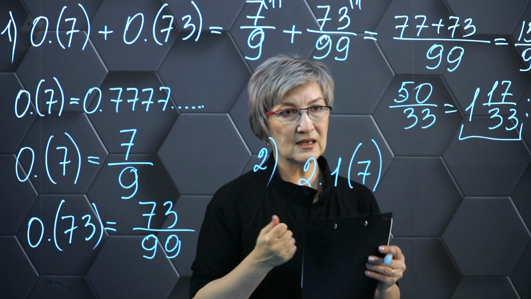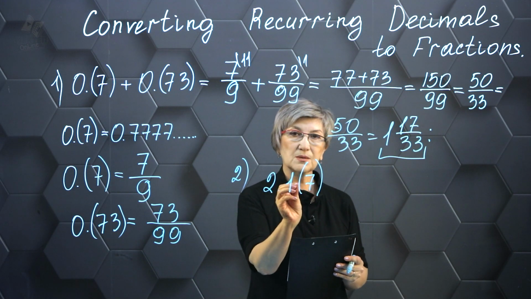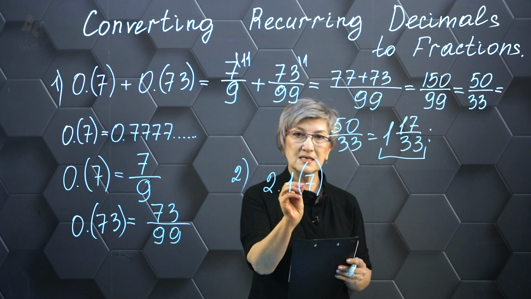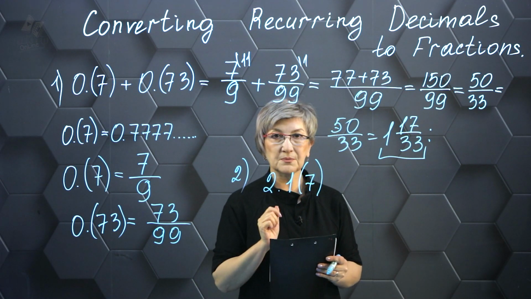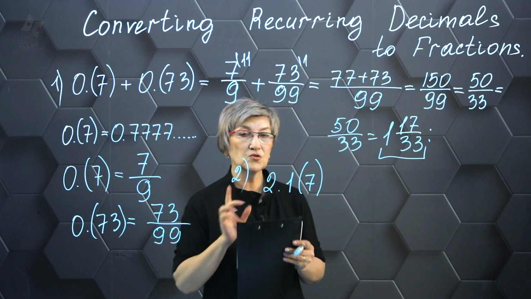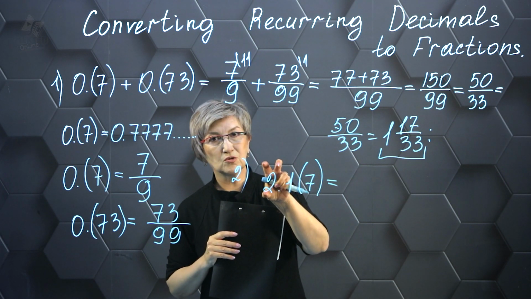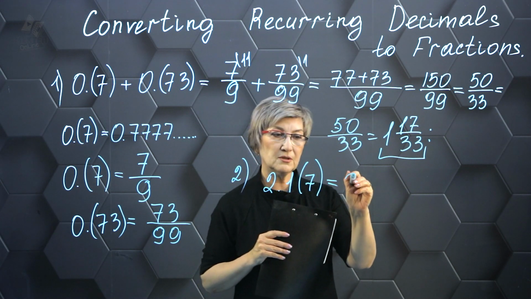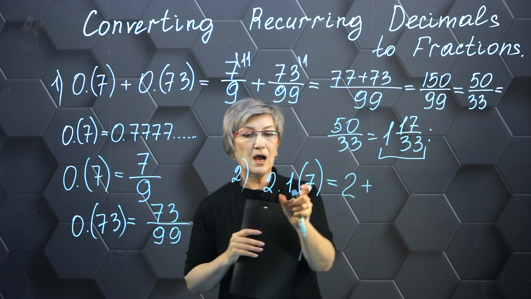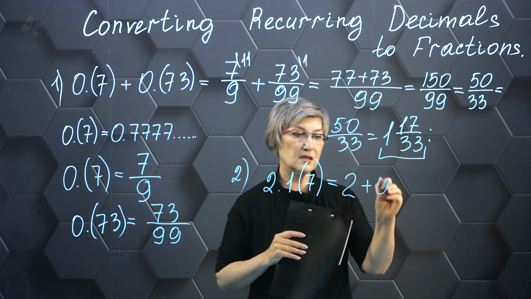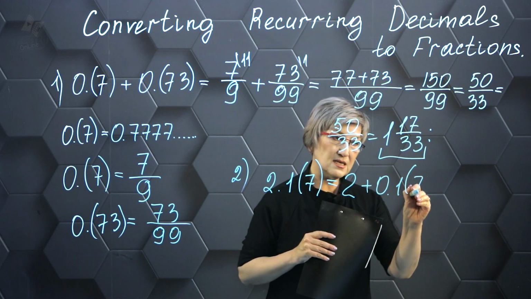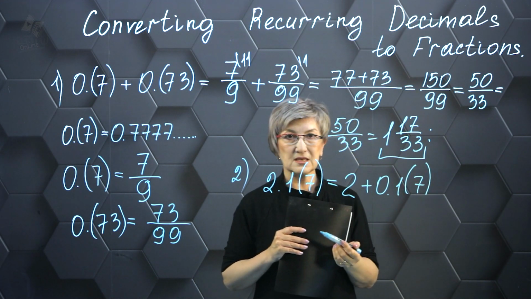So what I need to do is move the comma one digit to the right, but let's not be in a hurry, and let's write it down in a different form. Let's write the number 2 separately, because it's the integer part, and 0.1(7) we'll write separately.